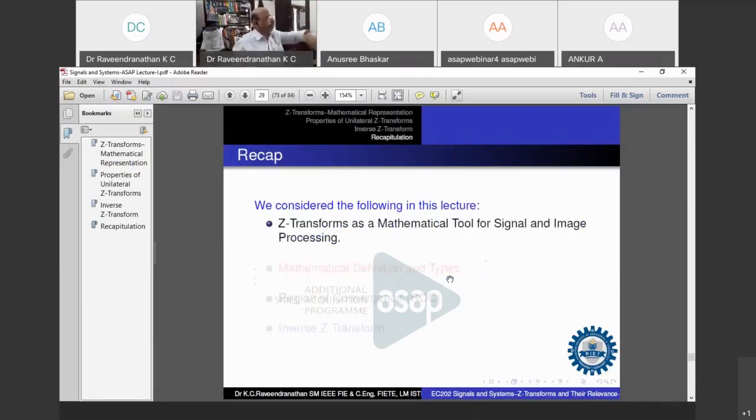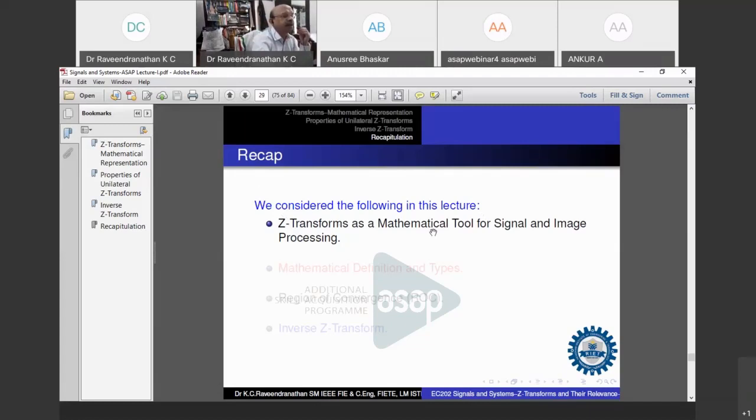So summing up, we have considered the following in this tutorial session. We have considered the Z transform as a mathematical tool for signal and image processing. In the case of image processing, all images are two-dimensional. A picture is nothing but an intensity variation. So there are two independent variables, x and y.